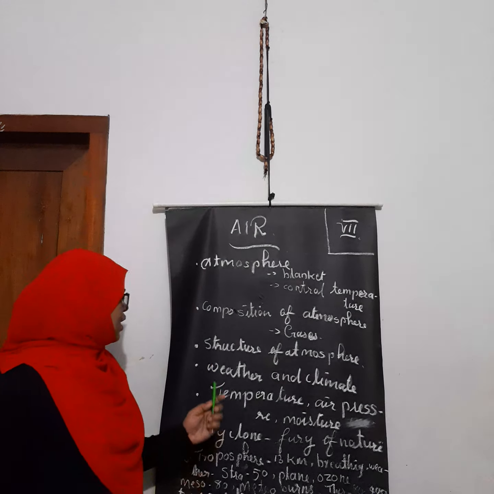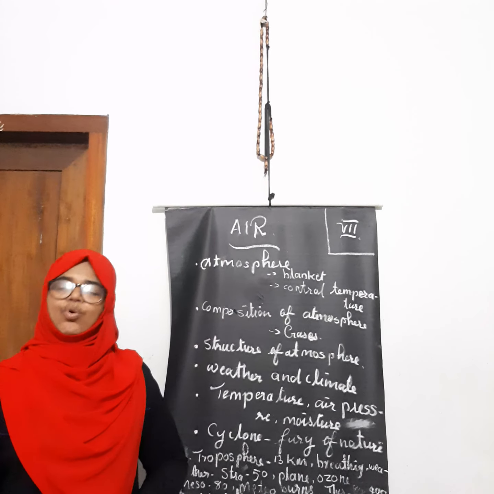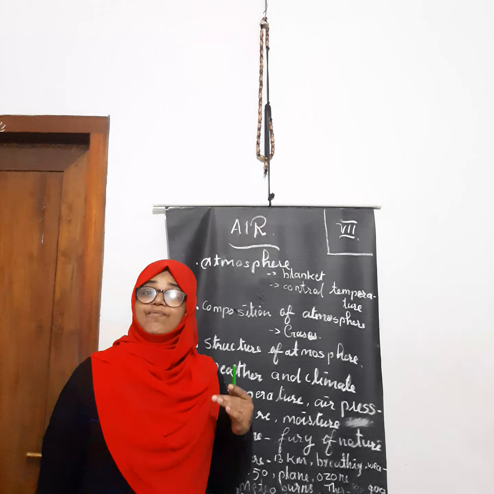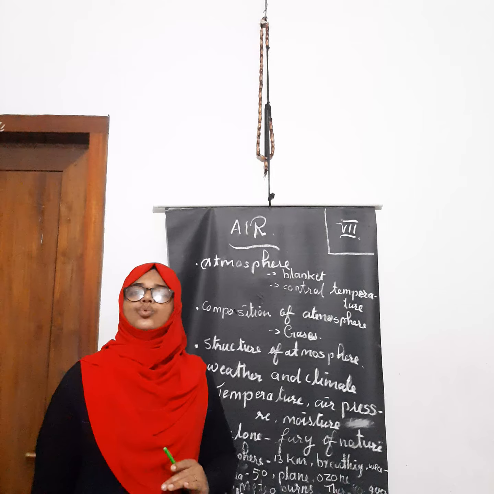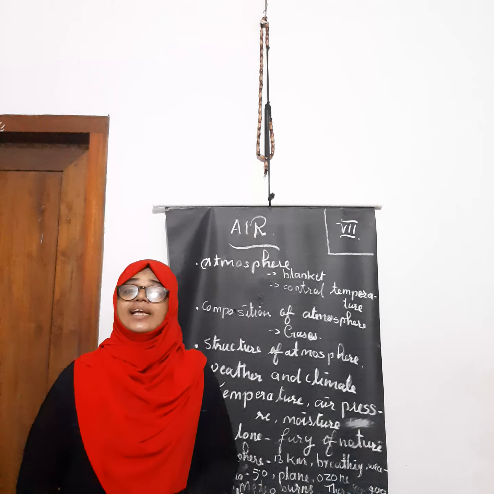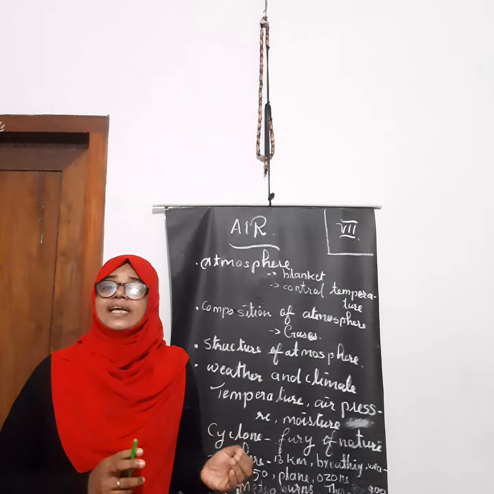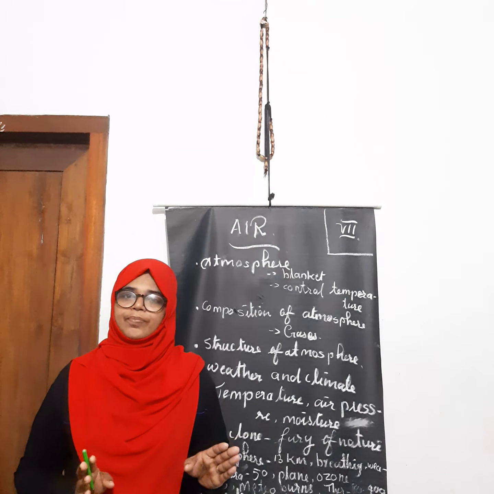First one is weather and climate. What is weather? What is climate? What is the difference between weather and climate? These two terms are entirely related with the condition of the air, the conditions that are experienced in the atmosphere.